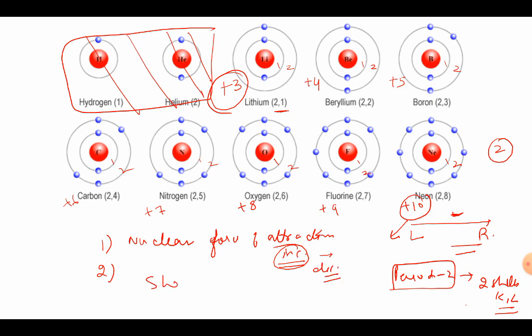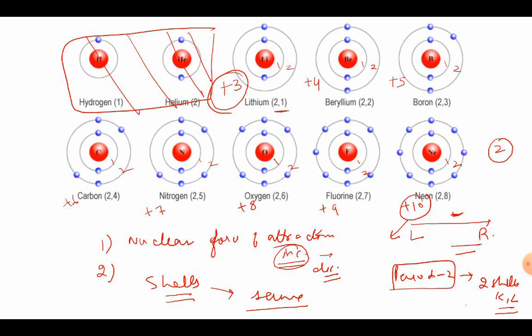The second factor is the shells, and the shells are the same. Because the shells are the same, there will be no role of shells in the atomic size in a period, because they are not increasing. Every element of period 2 has 2 shells.